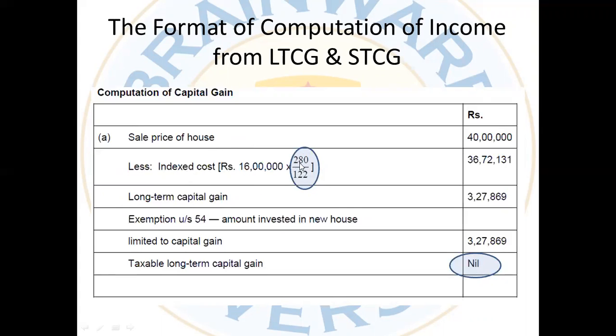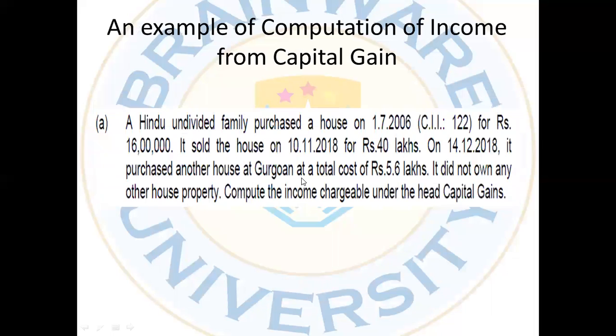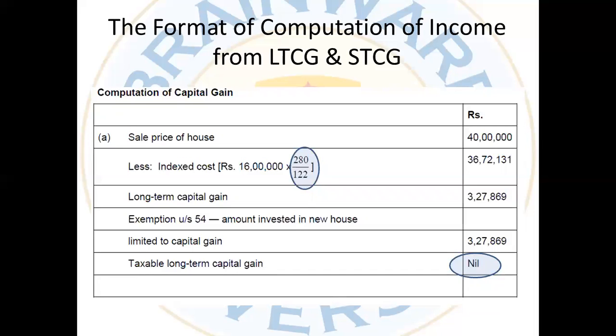Remember, in the upper portion we write the index of the year of sale, where the index for 2017-18 is 280, and below it the index of the year of purchase, which was given in the sum as 122. From this calculation we get 36,72,131.